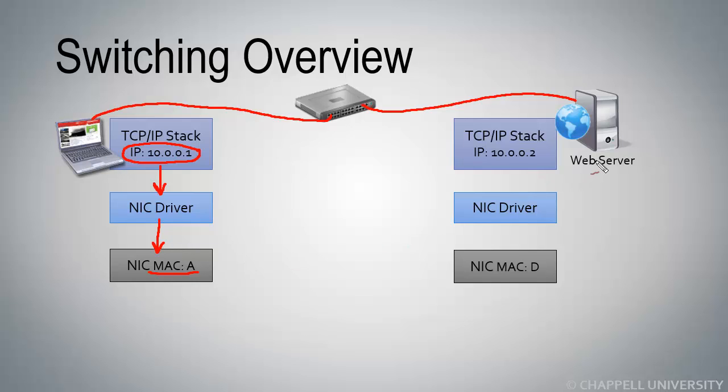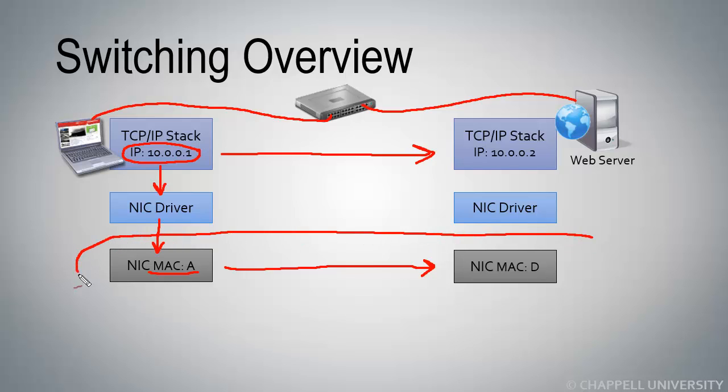If our client wants to talk to this server, the client is going to have to address the packet to hardware address D. In addition, inside the TCP/IP stack, the client will address the packet to 10.0.0.2. So we have two addresses inside of our packets, or should I say two sets of addresses.